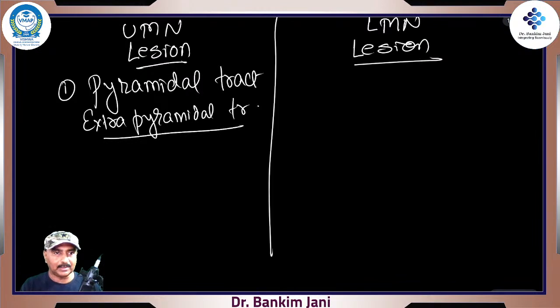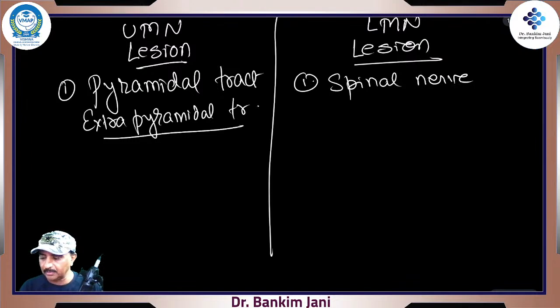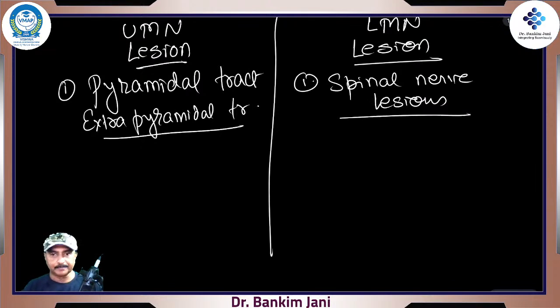Any lesion over there is called an upper motor neuron lesion. When the spinal nerves are involved, that is lower, because spinal nerves will always be emerging after the anterior horn. So spinal nerve lesions.